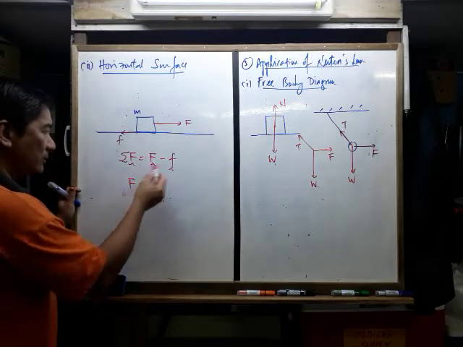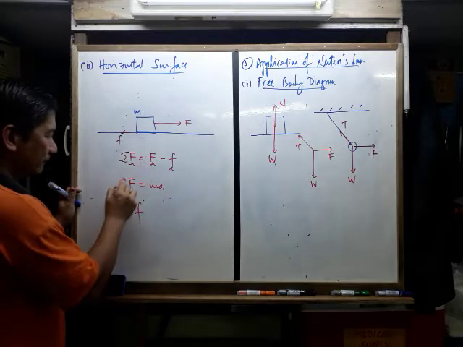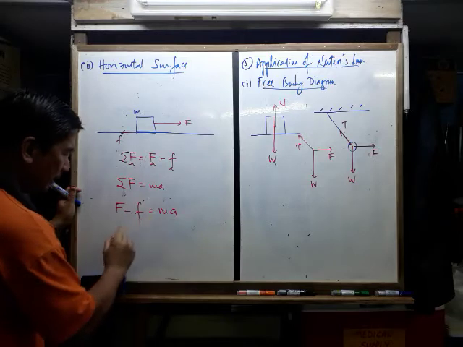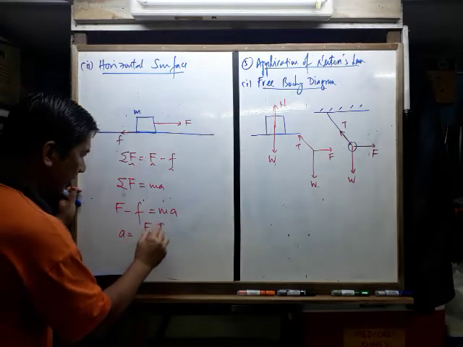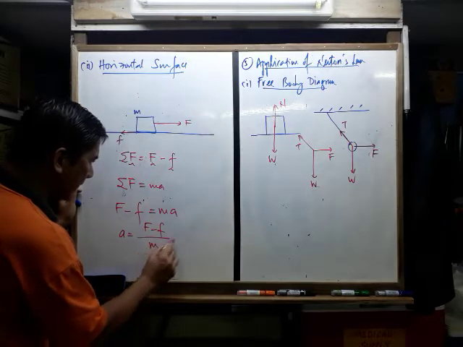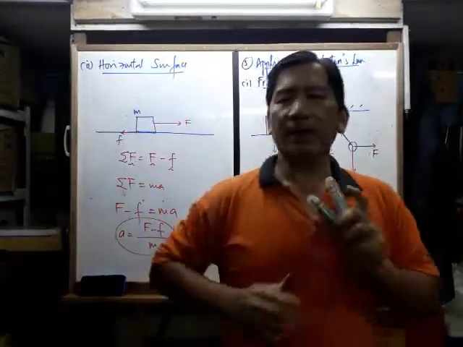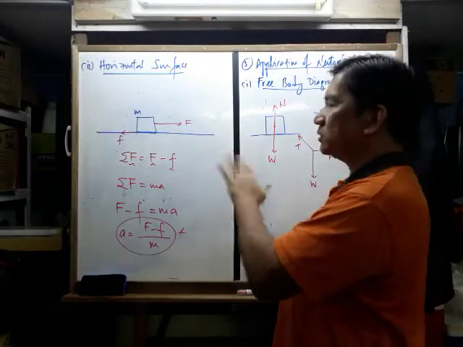So the net force is equal to F minus f, and it must equal ma. From here you can get your a, equal to F minus f over m. That is how we get the acceleration of the object on this horizontal surface.